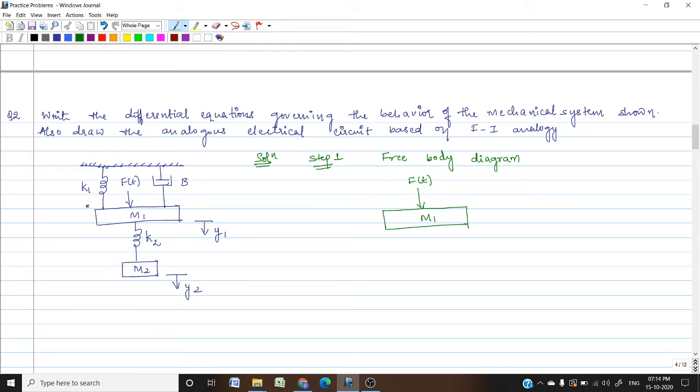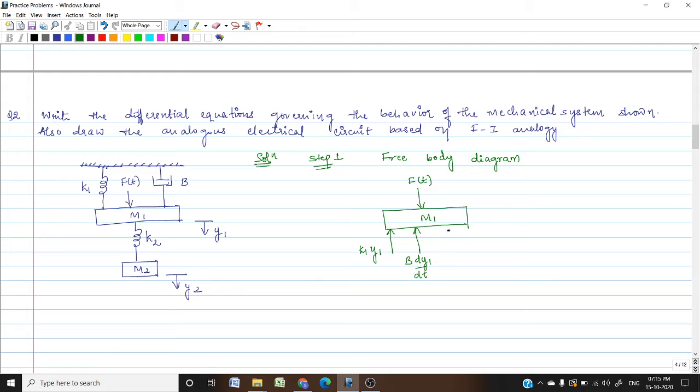So first we will consider K1 and B. So K1 y1, then due to B we have B dy1 by dt.